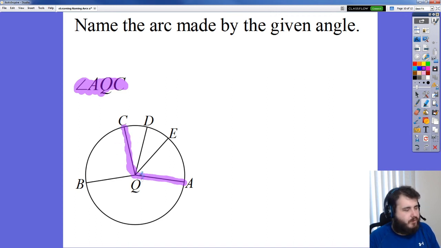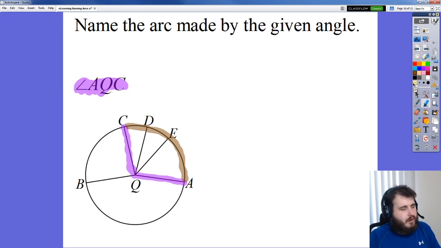Now that we've done that, we've identified our angle. We want to name the arc. In this case, since we are talking about an arc that is not a major arc, we're talking about a minor arc. So let's label the minor arc, the one that is the short way around on the circle.